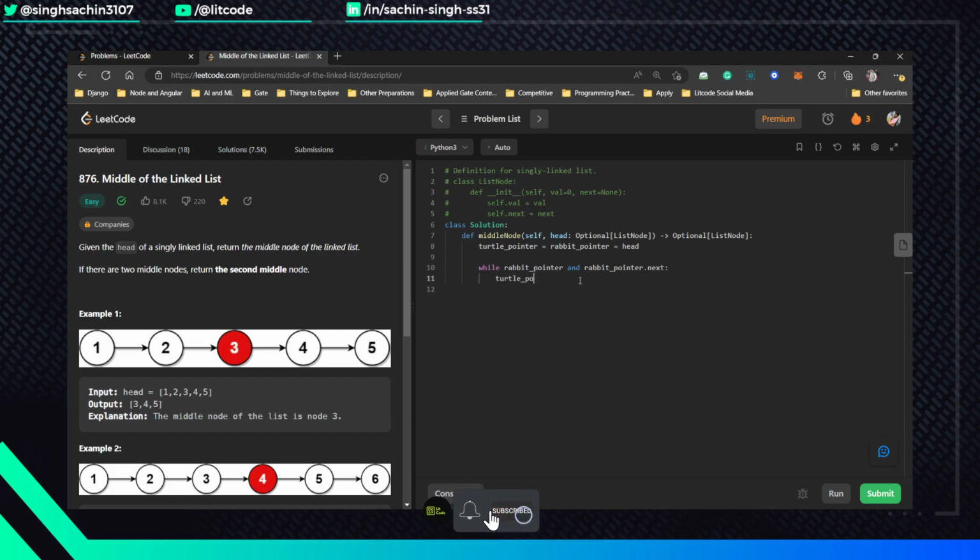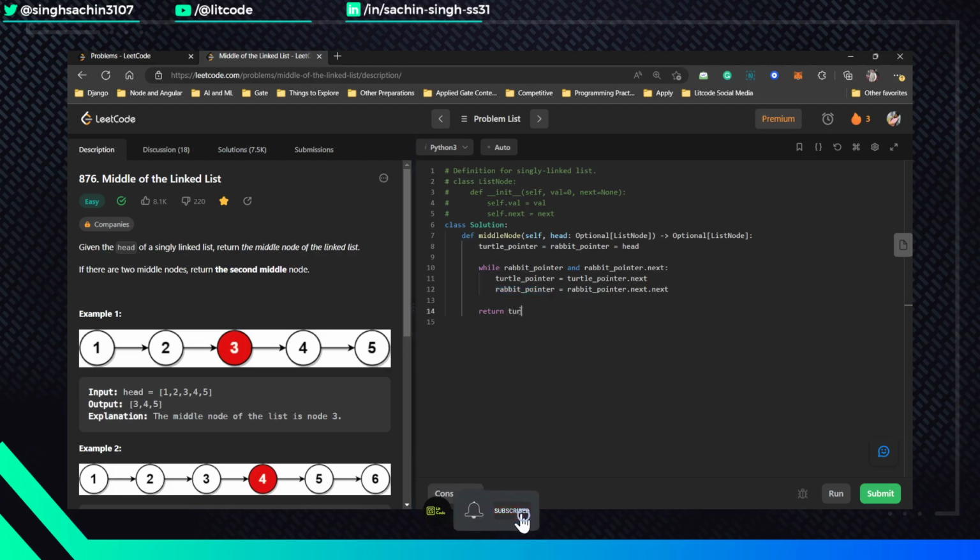What I'm going to do is move the turtle pointer a single time and the rabbit pointer double. So intuitively, what is happening over here is when your turtle pointer reaches the middle element, your rabbit pointer must have either iterated through the last node or will be pointing at the last node.